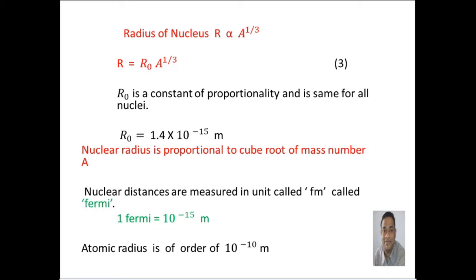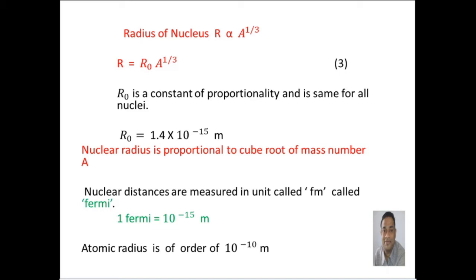Here R0 is a constant of proportionality and it has nearly the same value for the nucleus of every element. So R0 is roughly 1.4 into 10 raised to the power minus 15 meter.